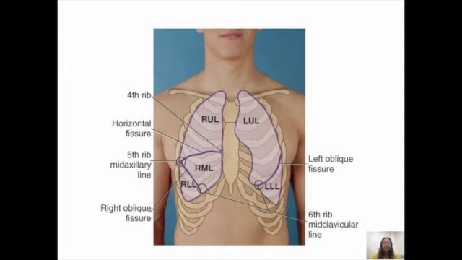Now you're looking at the lung borders overall. You can also note that anteriorly, the lung fields rise above the clavicle, about 3 to 4 centimeters above the inner third of the clavicles, where you can actually appreciate breath sounds.